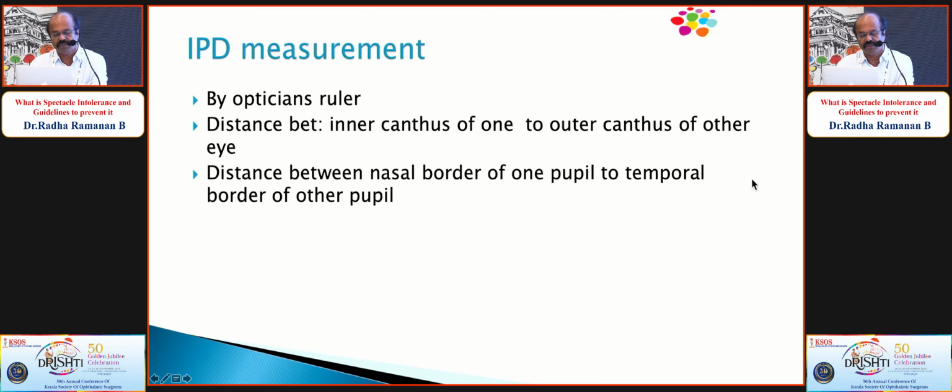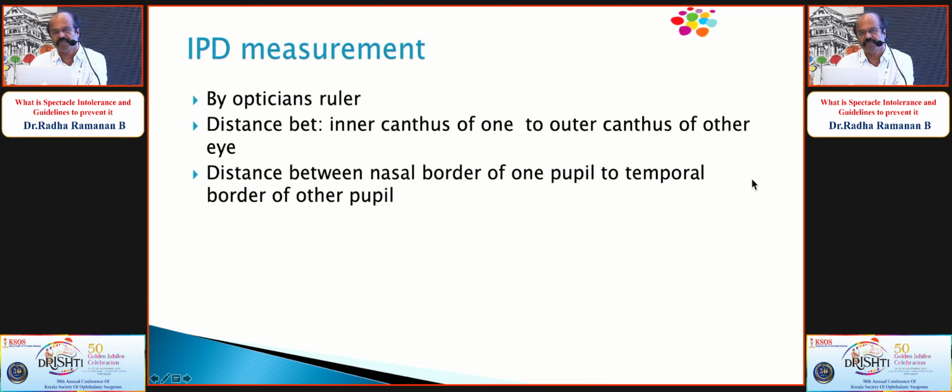For the IPD measurement, you can use the earlier type, the optician's rule, still it is very useful. And you take the IPD not only by this method from one eye to the other eye, you have to measure it individually for every side, right eye and left eye, because there is a lot of facial asymmetry.